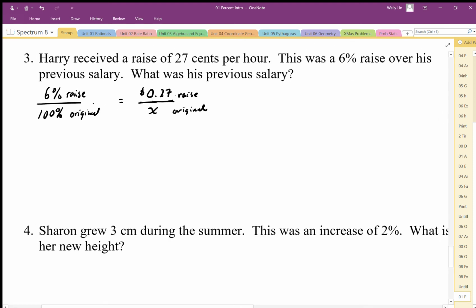Again, remember it's a proportional comparison. I have my multiplier going this way as 0.06. It's times.